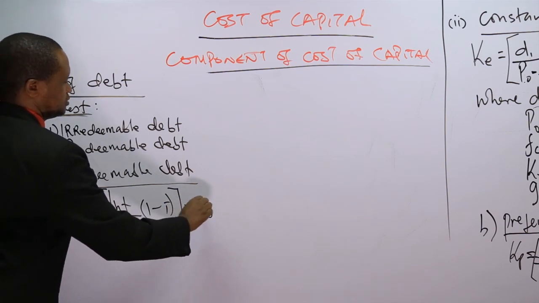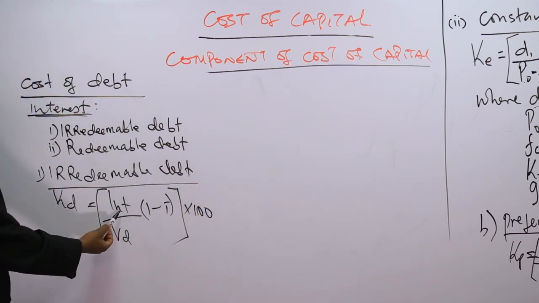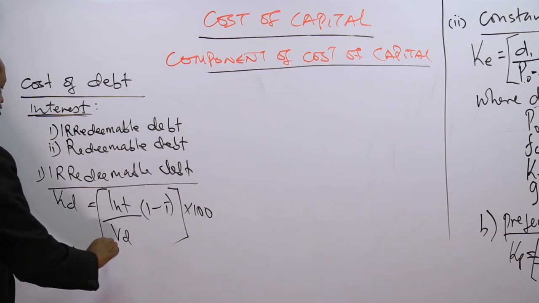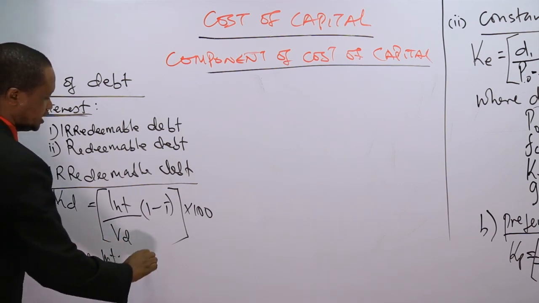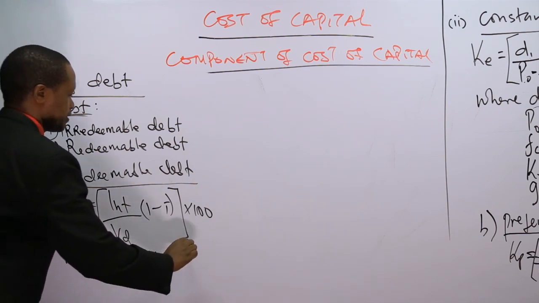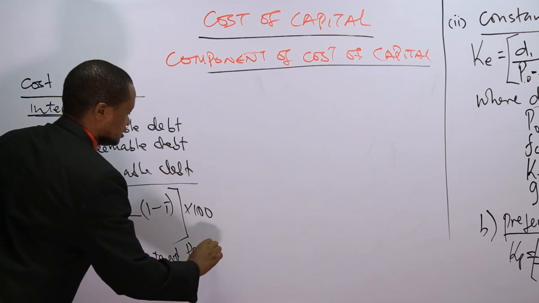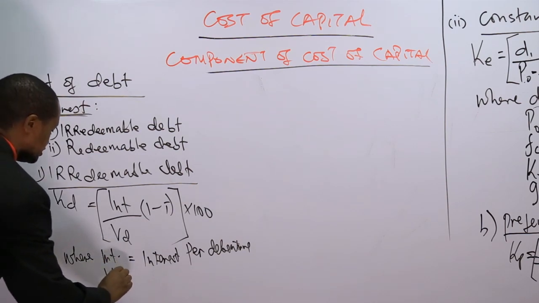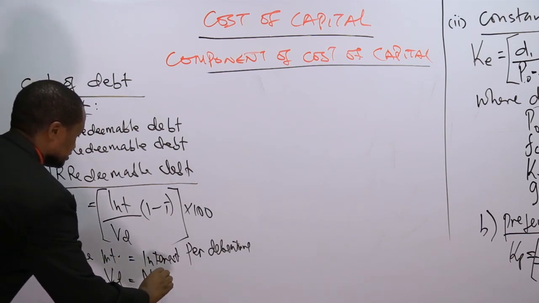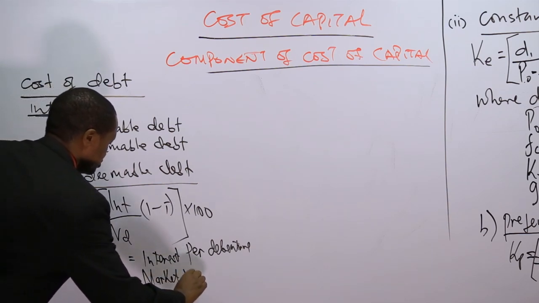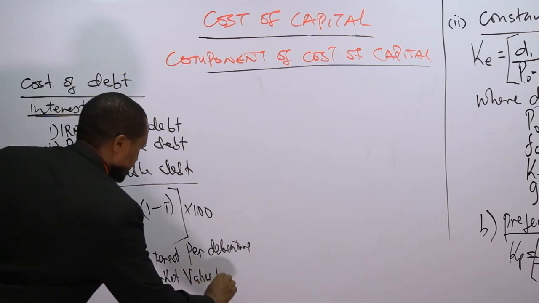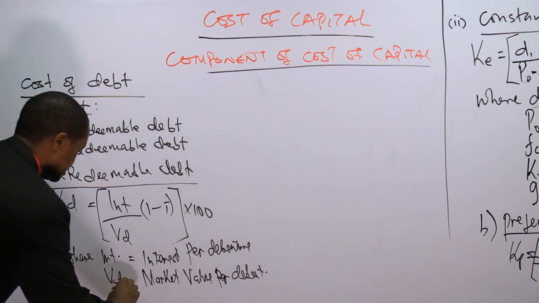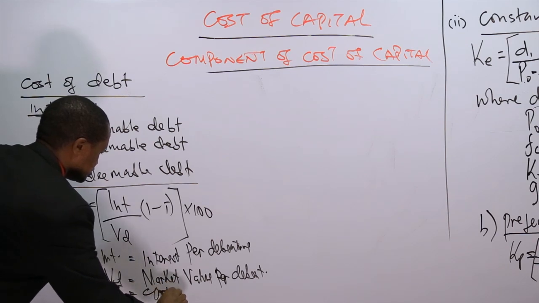Times 100. Okay, so it will be the interest over VD, where int is equal to the interest per debenture, VD is equal to the market value per debenture, and T is the corporation tax prevailing.